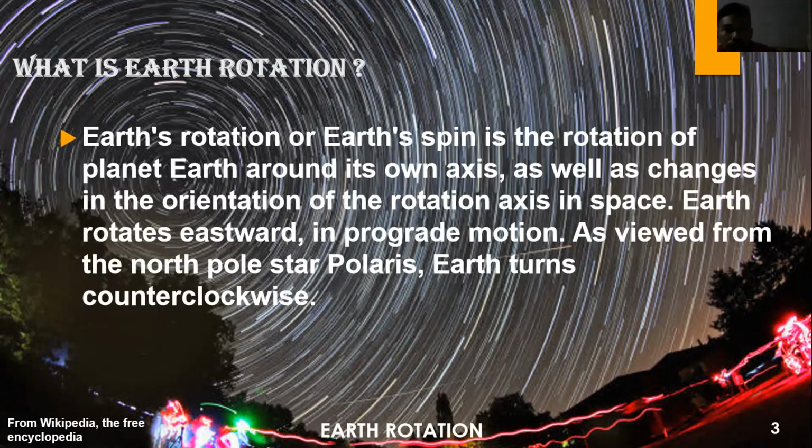So, Earth rotation or Earth spin is the rotation of planet Earth around its own axis, as well as changes in the orientation of the rotation axis in space. Earth rotates eastward in prograde motion. As viewed from the North Pole star, Polaris, Earth turns counterclockwise.